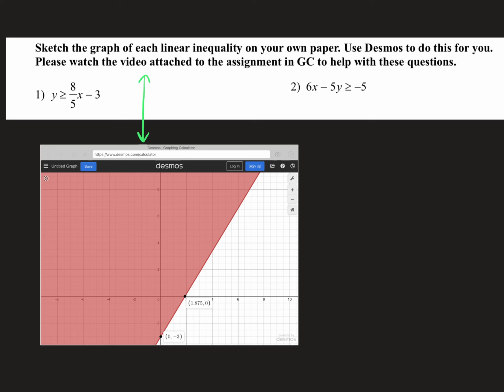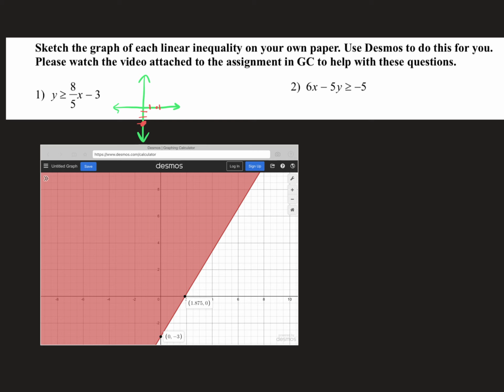Okay. Now I'm going to plot the point 0, -3, 0, 1, 2, 3. You're welcome to use graph paper if you have it. And then I'm going to plot the point 1.875, 0. So that means 1, 2. So I'm going to go almost to 2.